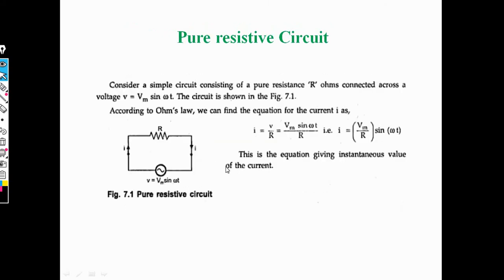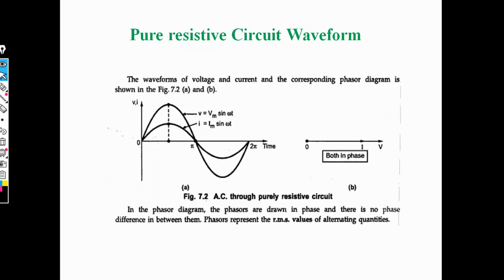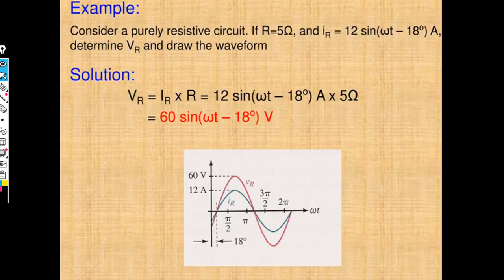Okay, now this is the important pure resistive circuit. This is the very important point in AC circuits: first is the pure resistive circuit. Now we have to explain a problem based on the pure resistive circuit.